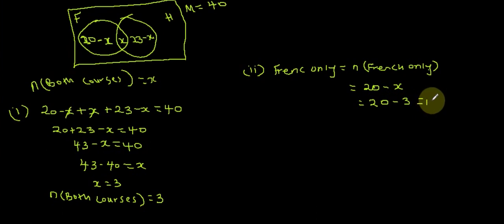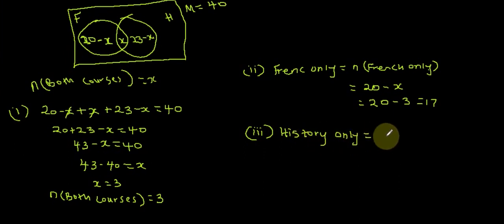That's 17. So the number of people offering only French is 17. The last one is the number of people offering history only. We have it to be 23 minus X, which is 23 minus 3. So we have it to be 20.